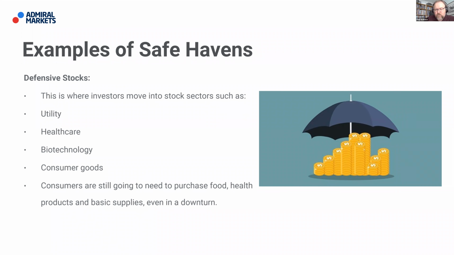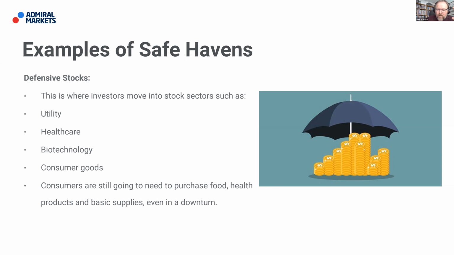Why? Because consumers are still going to need to purchase food, health products, and basic supplies, even in a downturn. If I talk about a personal experience here in the UK, at the start of the challenges we had with COVID, people were panicking about being able to buy simple things like toilet paper, flour, and food, and to get access to their healthcare products.